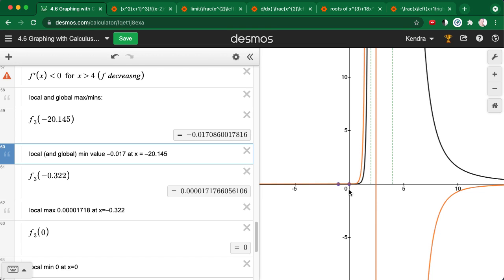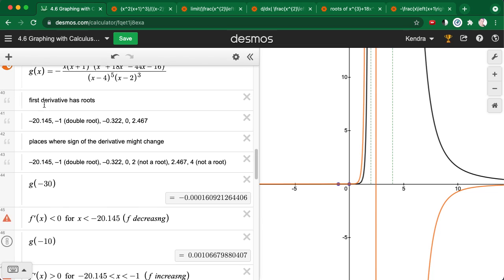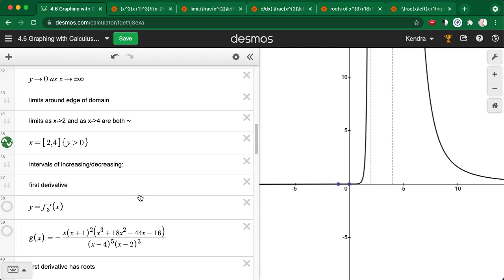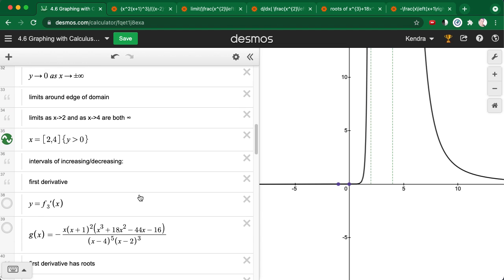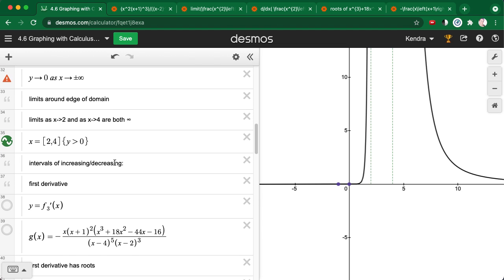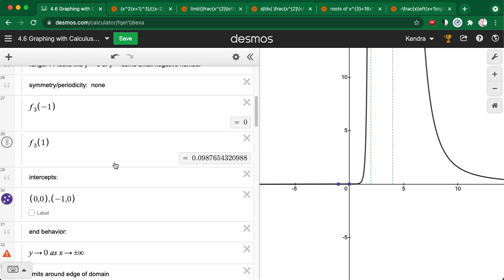And it looks from the graph, let me get rid of this orange graph, I'm done with it, that I do actually cover all of the y values. So where is my range?